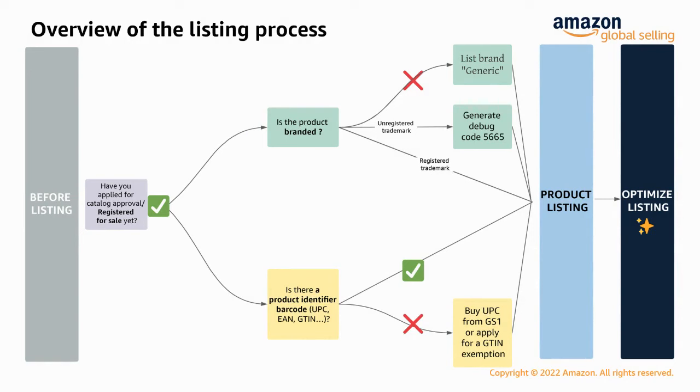Then you need to think about whether the product is branded. Branded means you can see a fixed brand on it, like Nike or something, meaning somebody actually owns the brand. If that's the case, you won't be able to list it as generic. You will need to list it under the brand.